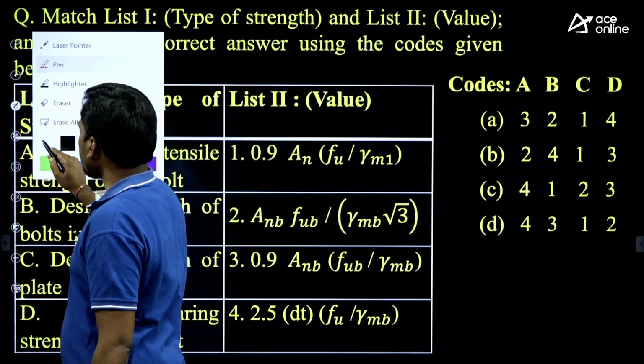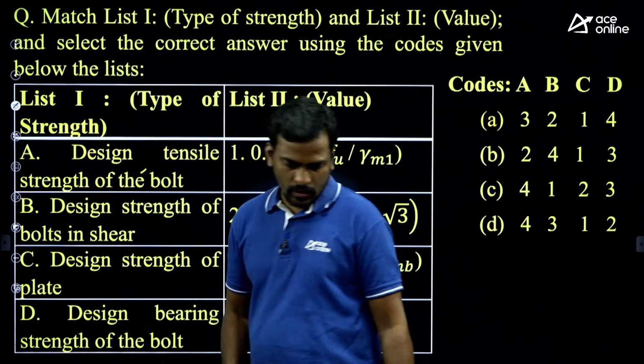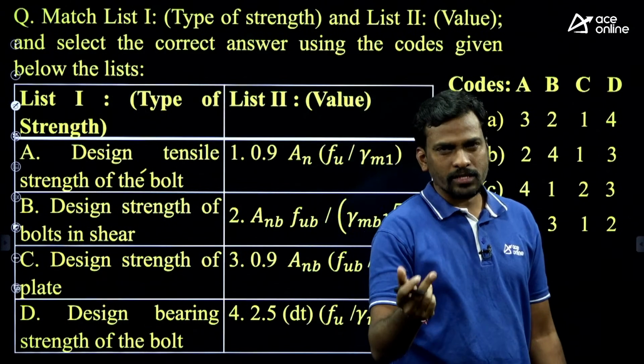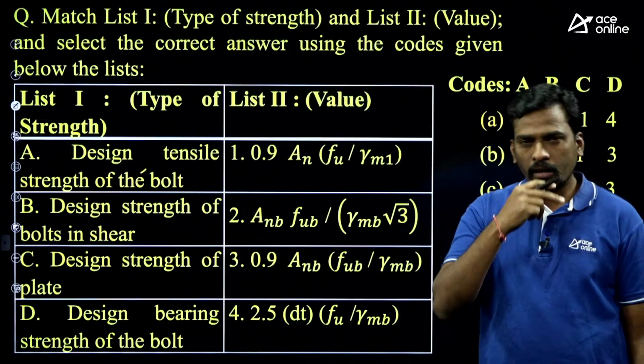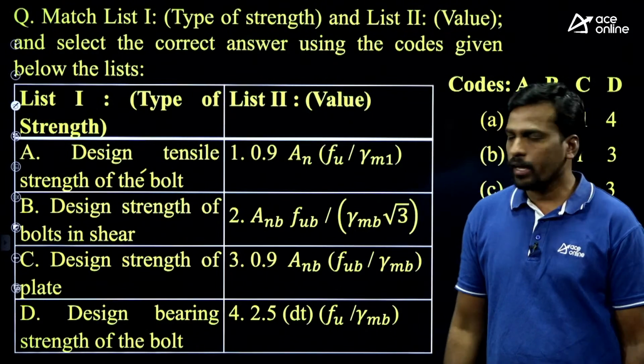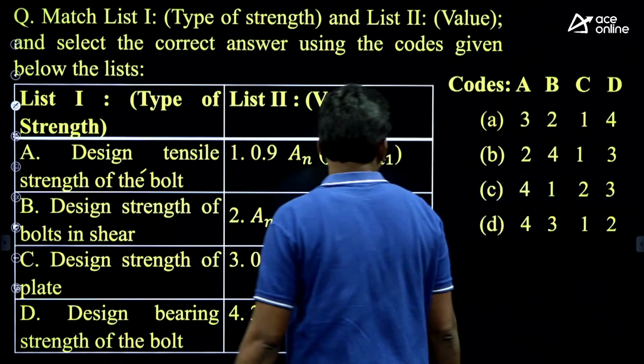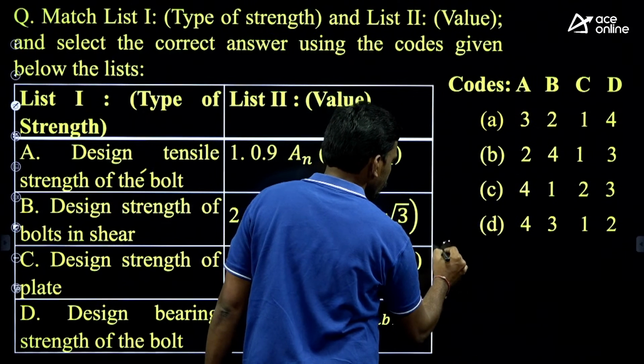Students, the design tensile strength of a bolt is based on cross section yielding and on net section rupture, right? So what is the formula based on cross section yielding?